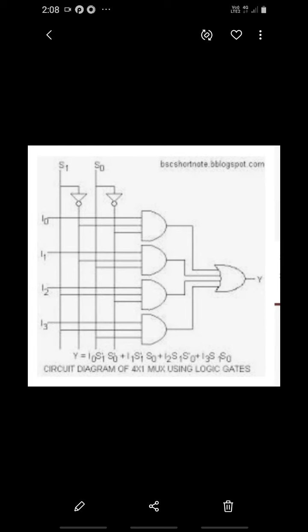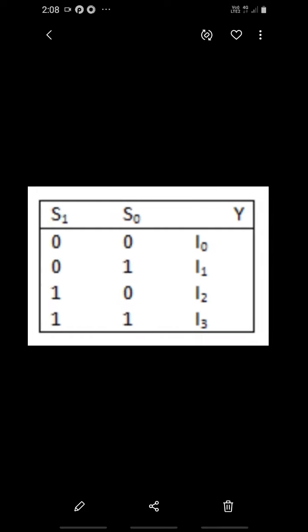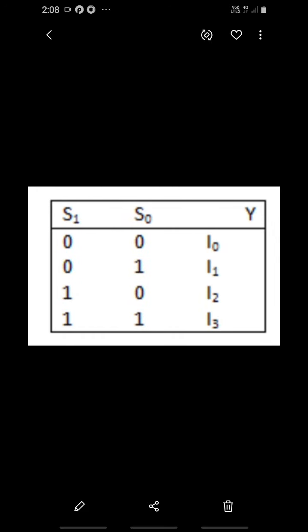So here, as per the truth table, when S0 S1 is equal to 0 0, the upper AND gate is enabled but all other AND gates are disabled.